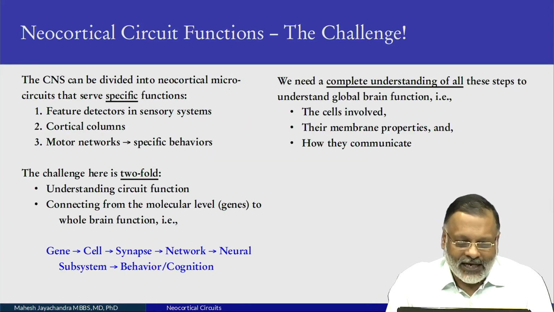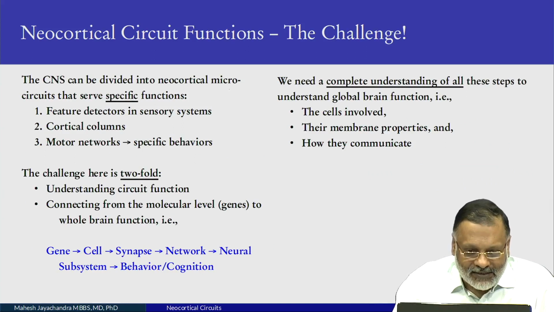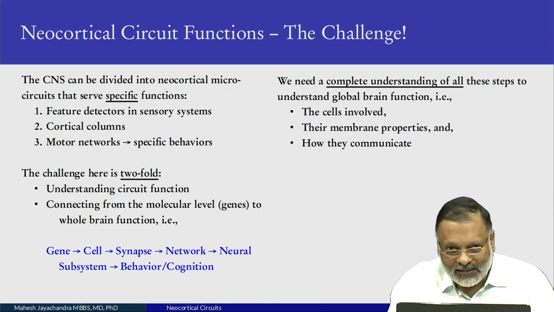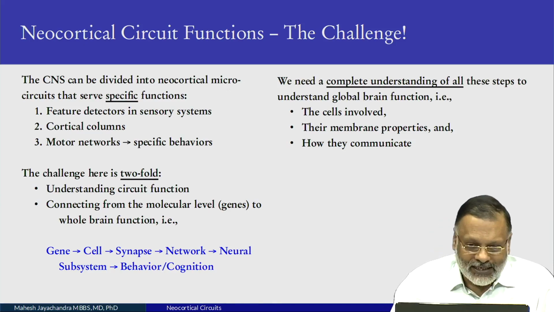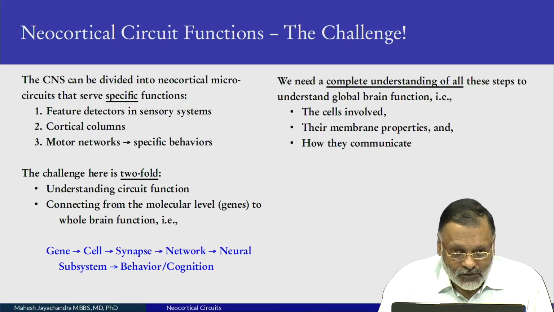So this is a challenge. The central nervous system can be divided into neocortical microcircuits that serve specific functions. One, you have feature detectors in sensory systems, then you have cortical columns, and then you have motor networks which lead to specific behaviors. The challenge here is twofold.